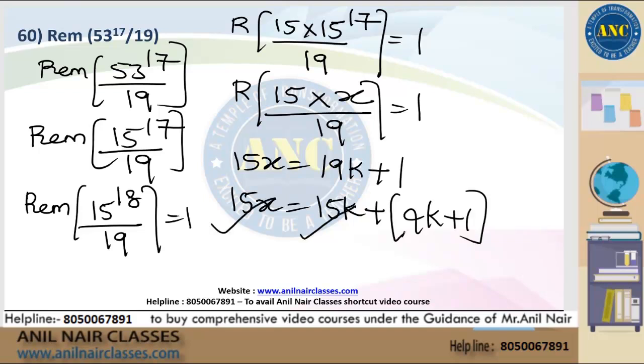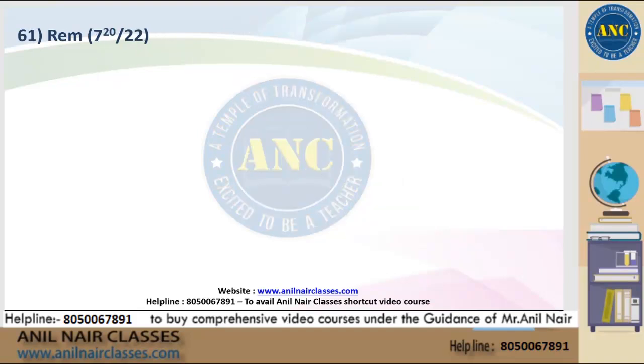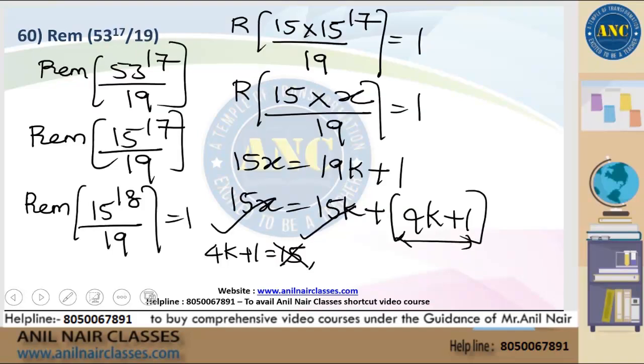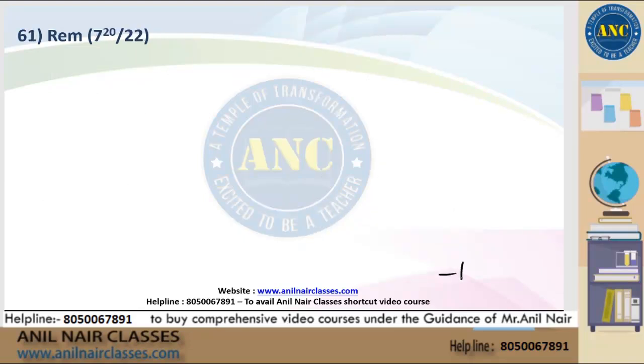Divisible by 15, divisible by 15. This has to be divisible by 15. 4k plus 1 is 15, and k has to be an integer. Not possible. 30, not possible. 45, yes, possible. K will be 11.